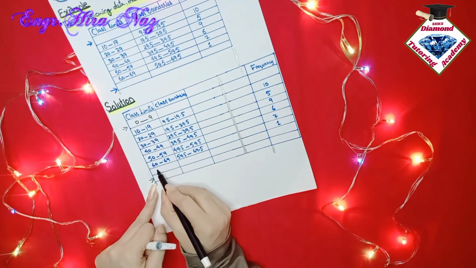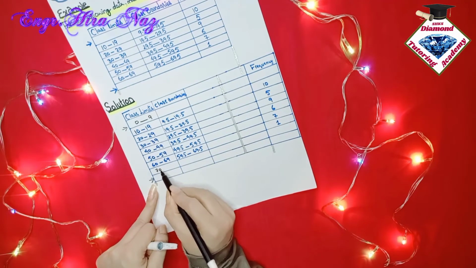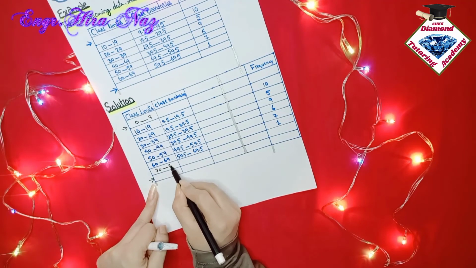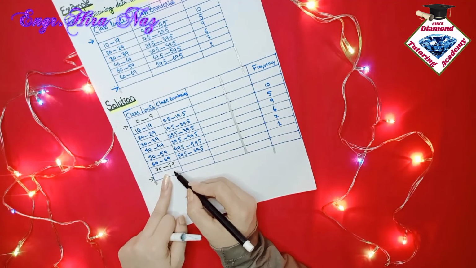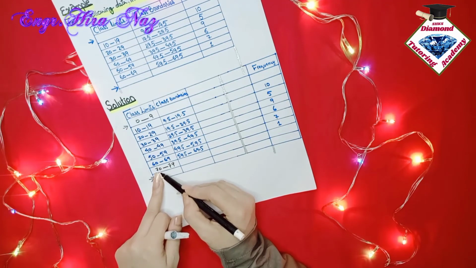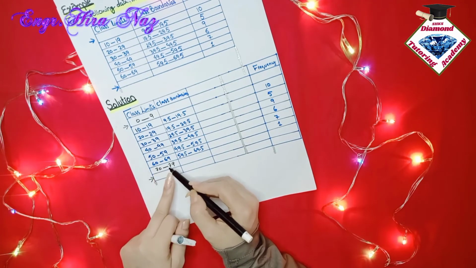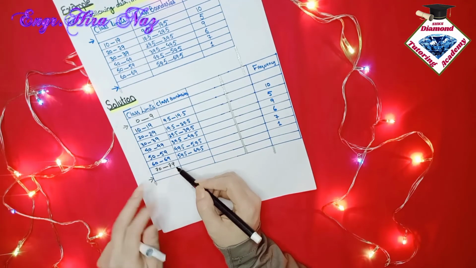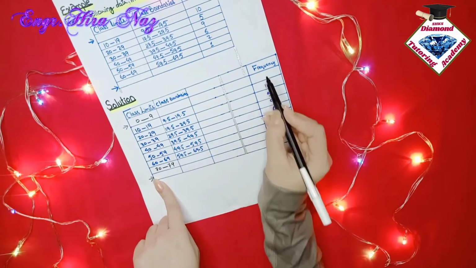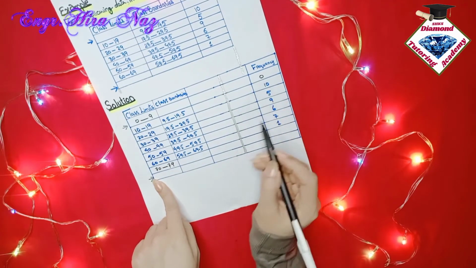After 69, there is 70, and 70 to 79 is our last group. As after 69 we have 70, and accommodating the class interval size, we can extend this up to 79. These two groups will have frequency 0.